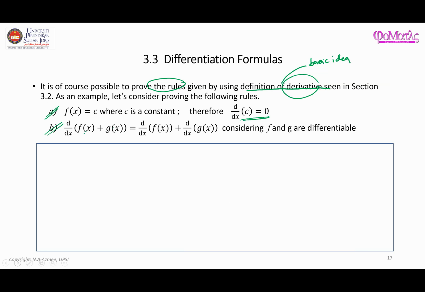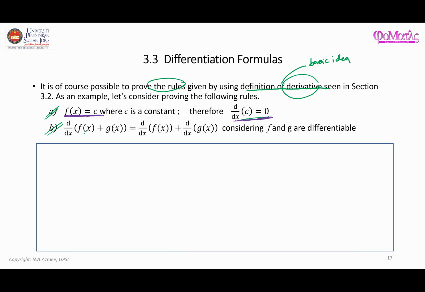All right, let's begin with the first rule given here. The first rule is about proving that when the function is a constant, the result of the derivative is going to be equal to 0.